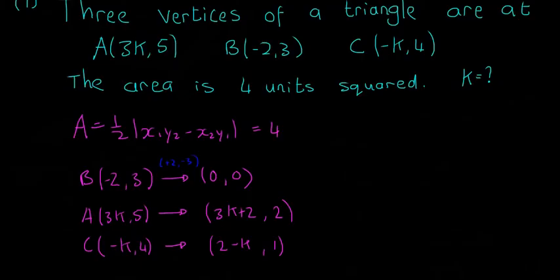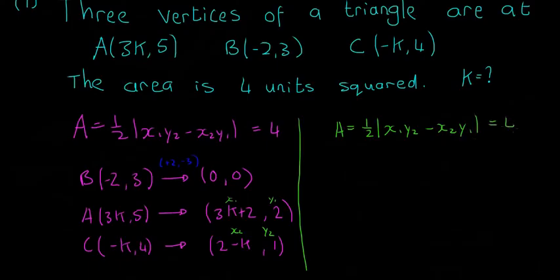And I'm just going to label them in green. I'm going to call this one x1, and this one y1, and this one x2, and this one y2. So I'm going to squeeze this in here. A is equal to half by x1 y2 minus x2 y1, which is equal to 4.